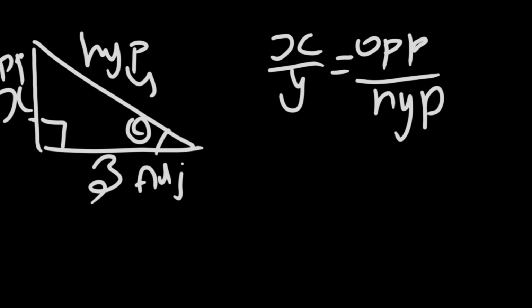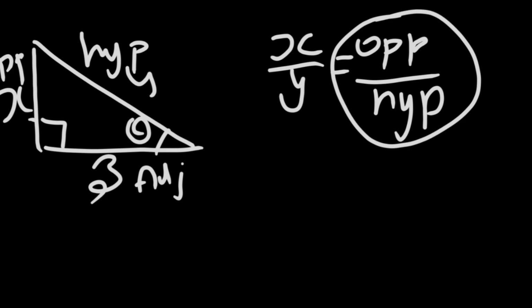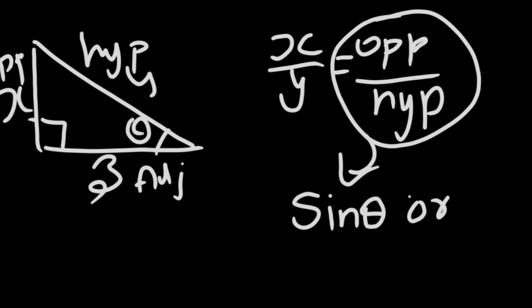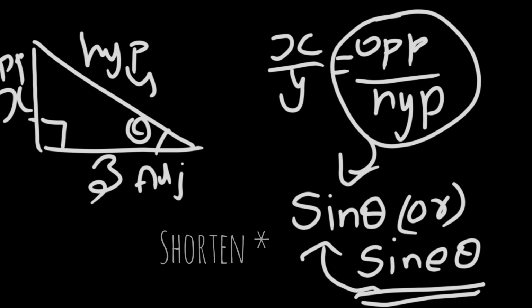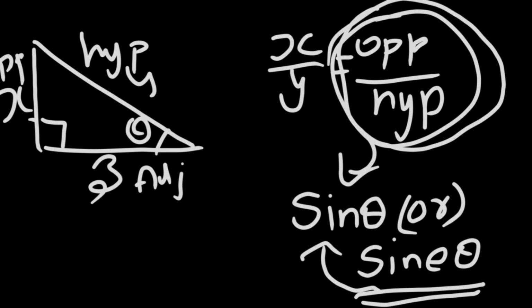So they have named this ratio sine theta, or we can also write this as sin theta. This is the original one. They've just shortened it and written it as sin theta. They just removed one e, that's it. So we call this ratio, opposite side to theta by hypotenuse, sine theta.